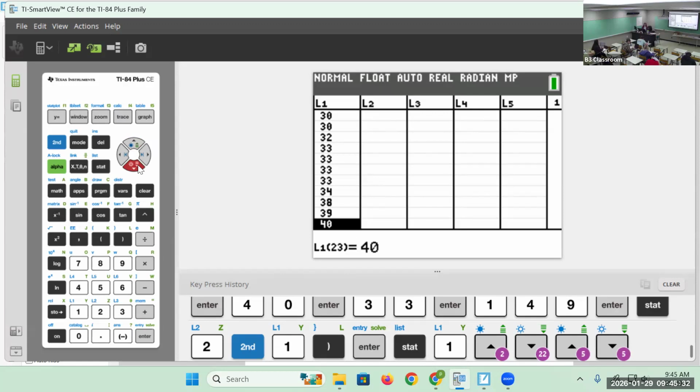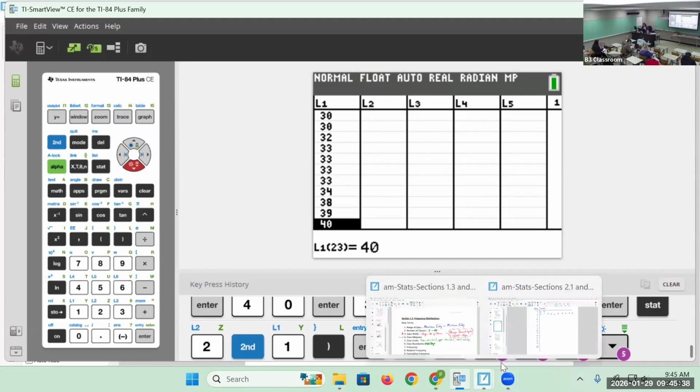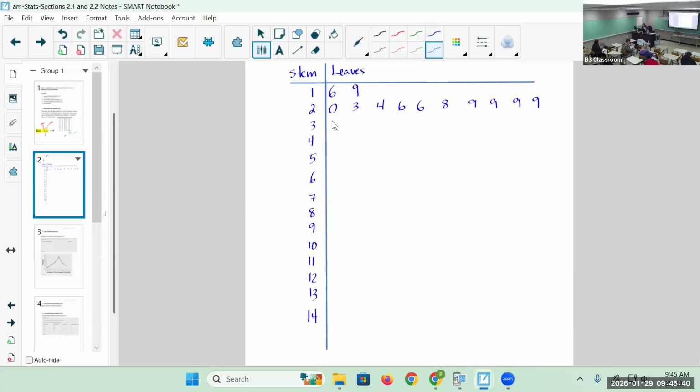But if they repeat, I still count the leaf as many times as they repeat. So I have two 30s, so I would have 0 and 0 for each of those. I have 32. I have four 33s. I have a 34, a 38, and a 39.